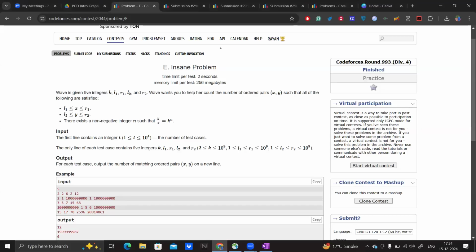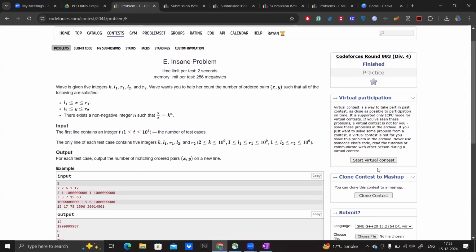You are just given the values of L1, R1, L2, R2, and K, and you just make a formula and print it. I don't think that is possible. Intuitively, it should not be possible. It is a complex problem. So I don't think it can be done in O(1).